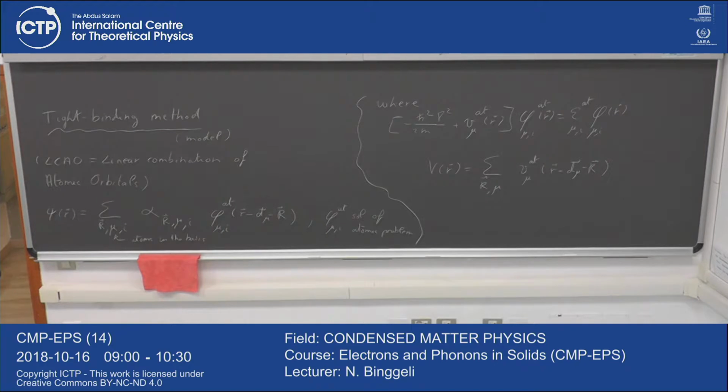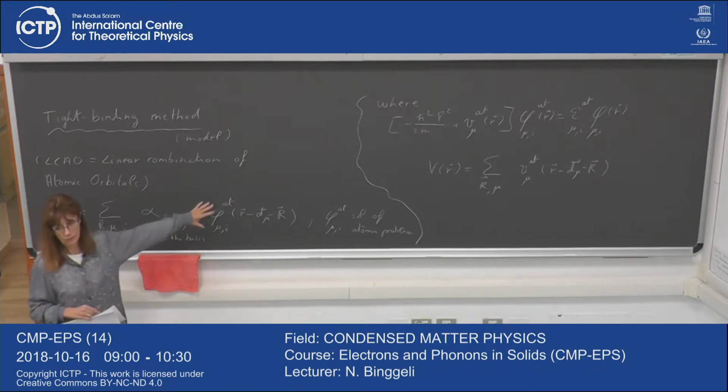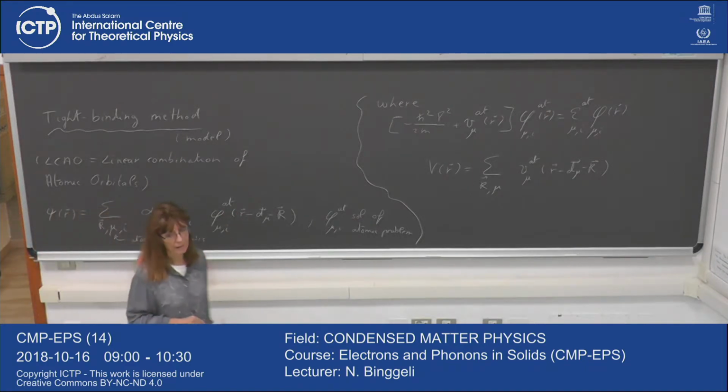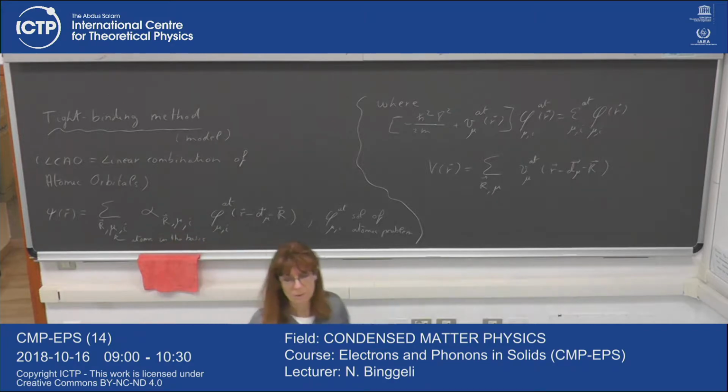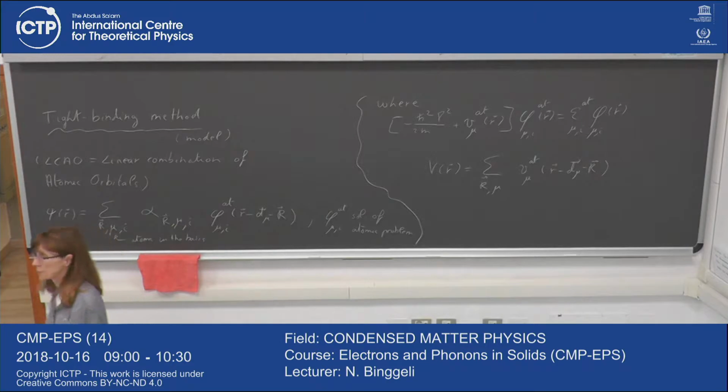It could also be an ionic state, but here I'm just going to discuss the case of the neutral atom, the solution of the neutral atom. For the ionic case it's similar, one just uses the wave function of the ion. If it's sodium chloride, one would use the solution for the ion.